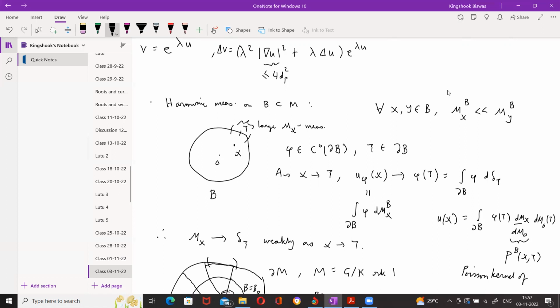Okay, so the Poisson kernel you can think of as the Radon-Nikodym derivative of the two harmonic measures. That's the Poisson kernel. So I guess if we are given the radius of the geodesic ball and certain curvature constants on the space, then we can get some pointwise estimates for this derivative.